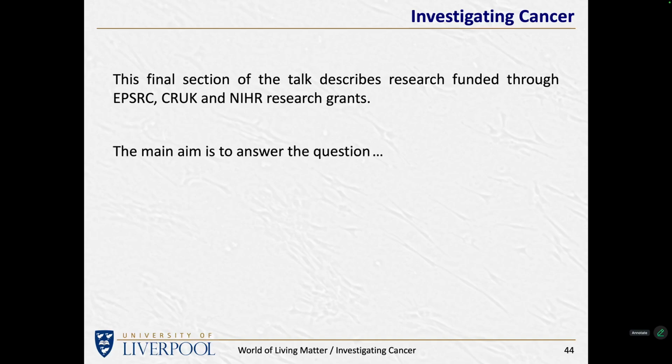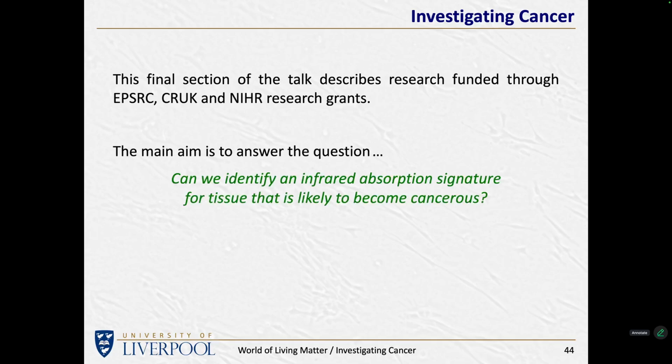The intention was to answer the question, can we identify an infrared absorption signature for tissue that is likely to become cancerous? In other words, if we shine infrared on tissue, is it possible that it absorbs some infrared wavelengths differently if the tissue is healthy than if the tissue is likely to become cancerous in the future?